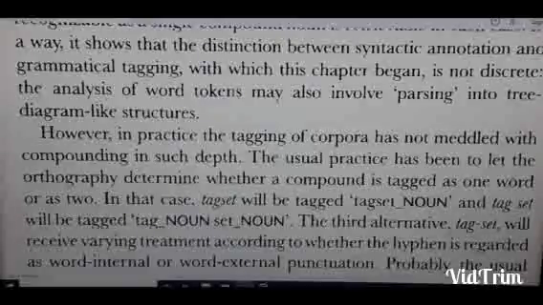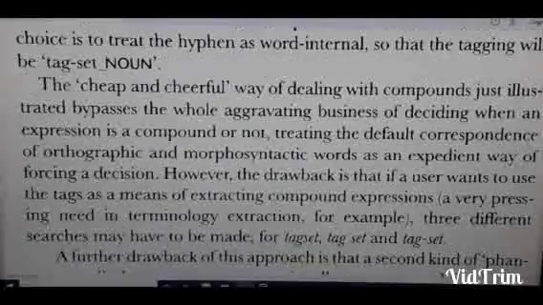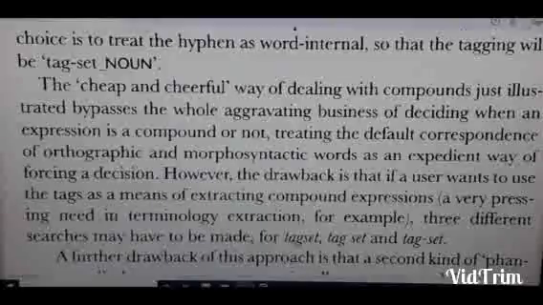The third alternative, tag-set, will receive varying treatment according to whether the hyphen is regarded as word-internal or word-external punctuation. Probably the usual choice is to treat the hyphen as word-internal, so that the tagging will be tag-set_noun.